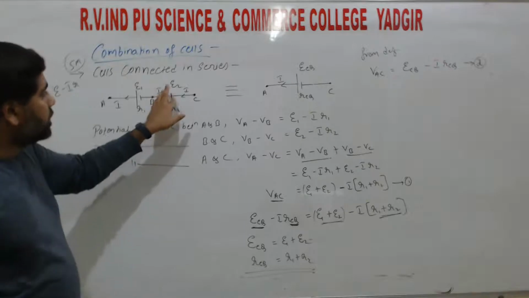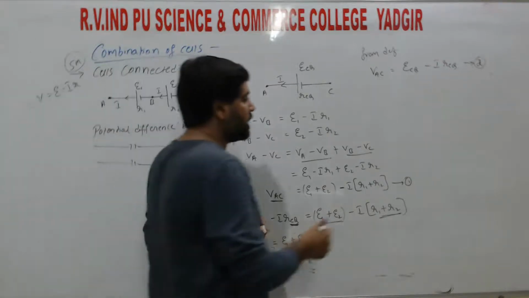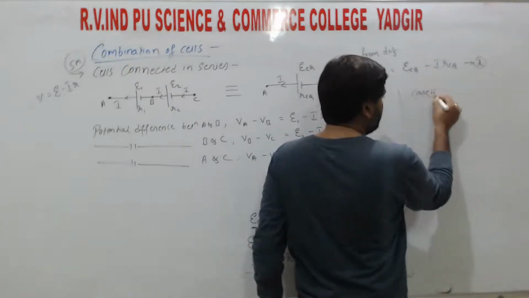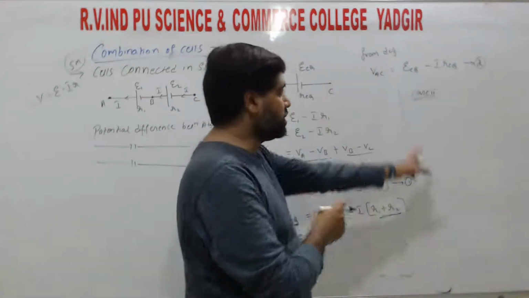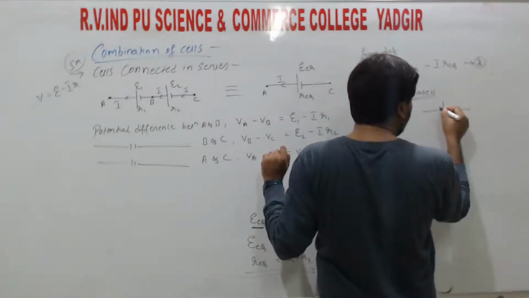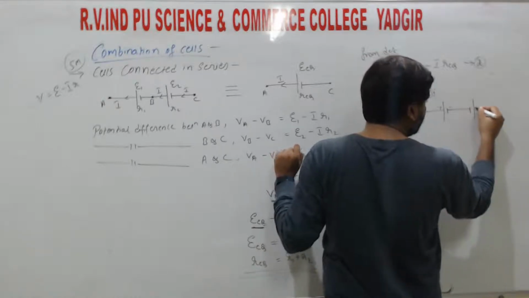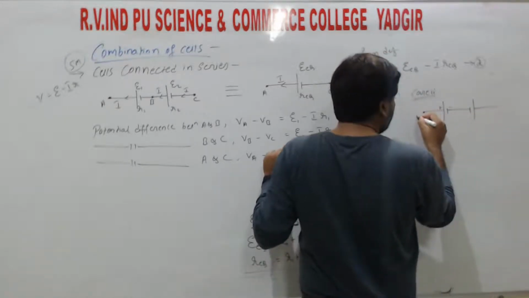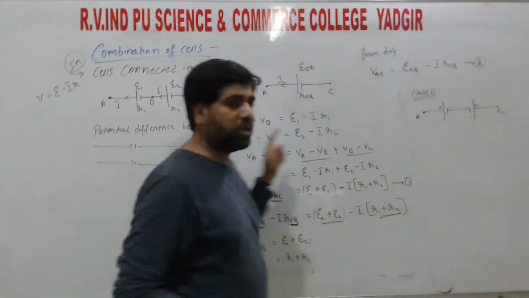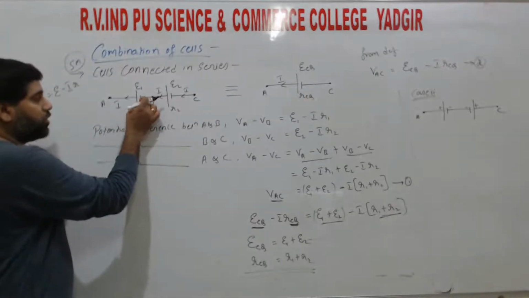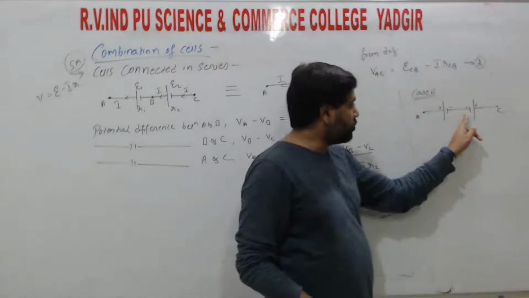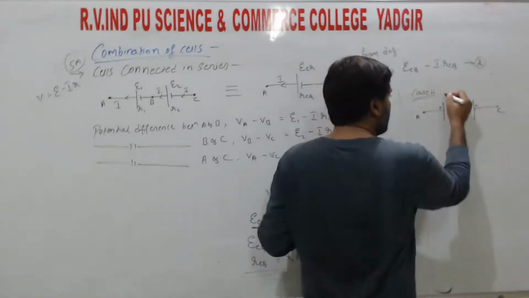Now if the cell interchanges direction, in the second case we don't have any derivation, we are just changing the direction of one cell. Here it is positive and here minus; negative is connected to the negative terminal of the second cell.